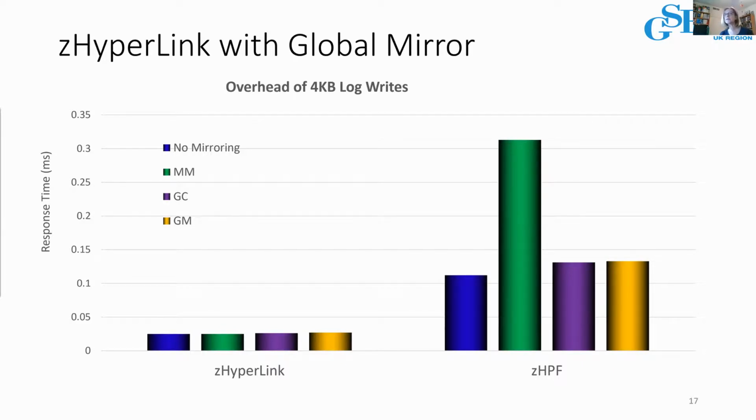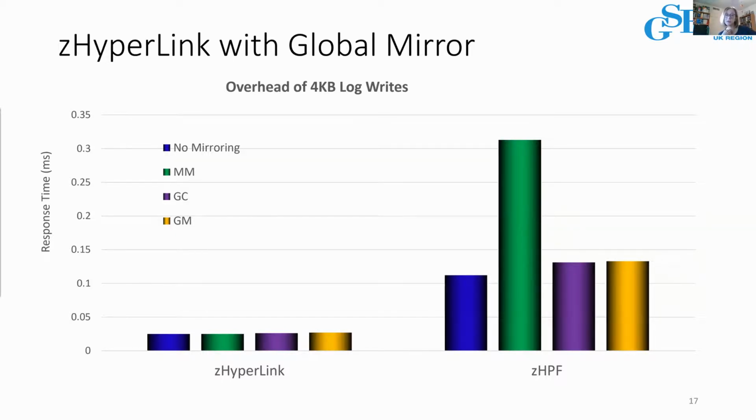So with global mirror, there was a very small impact to the response time for these 4K byte writes, but it is very, very small. And you can see they're really all pretty much flat, pretty much the same as the simplex rate. So that was very key.